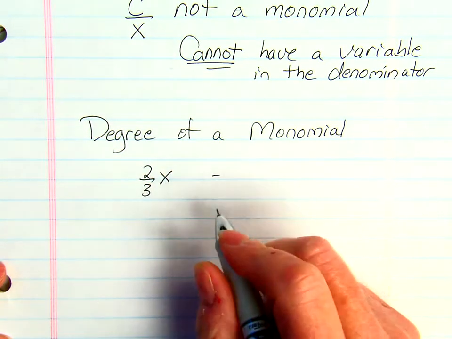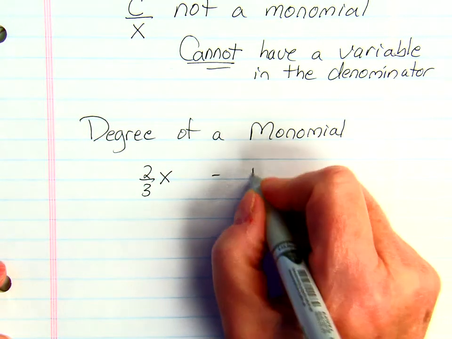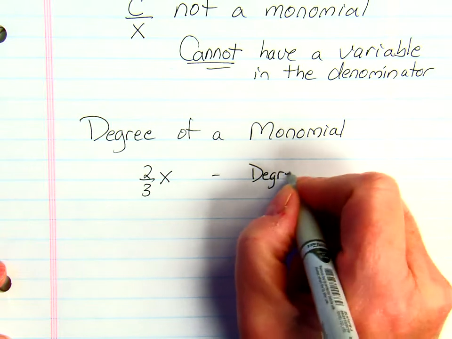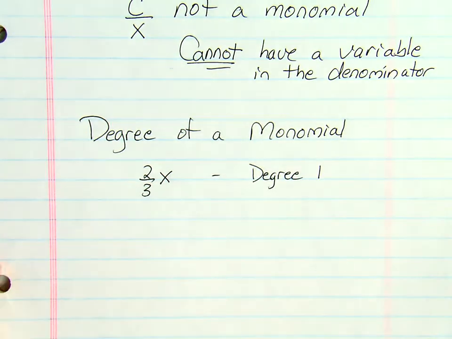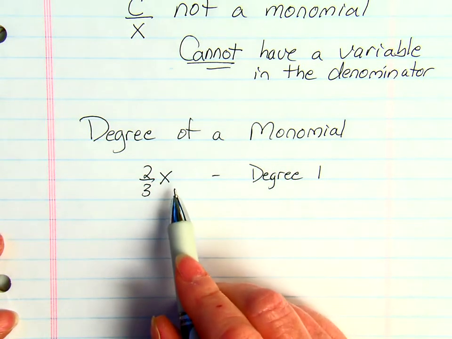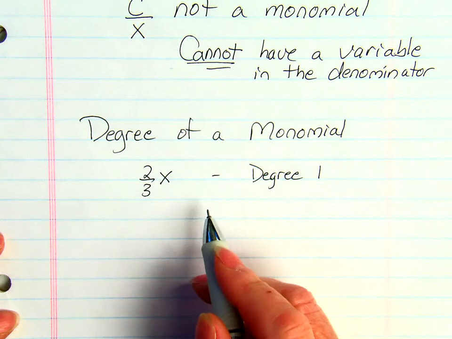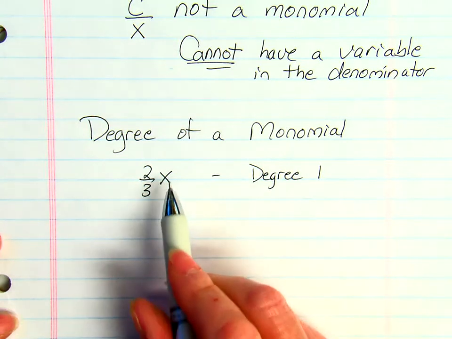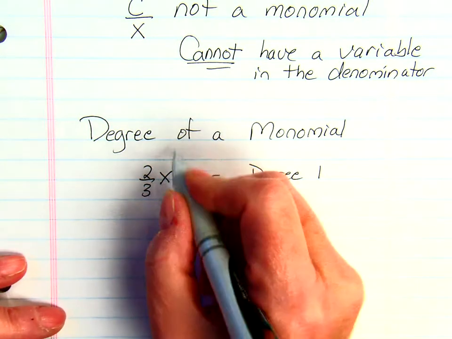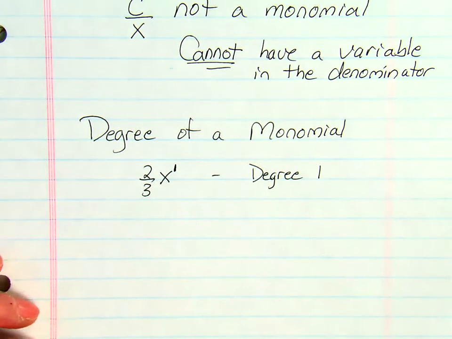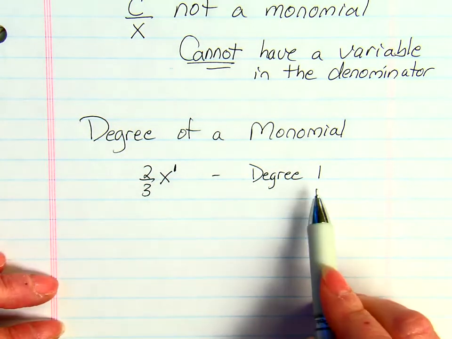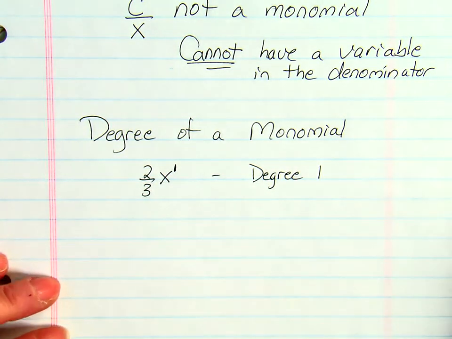Okay, this is a degree of 1. The reason why this is a degree of 1 is that the exponent on our variable is a 1. There isn't one that we can see, which means that the exponent is actually 1.